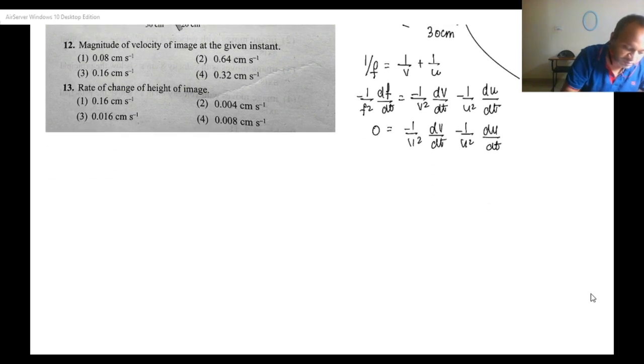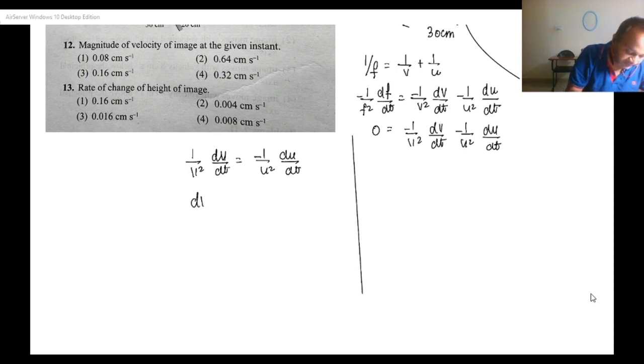So we can also write 1 by v square dv by dt is equal to minus 1 by u square du divided by dt, right? So we can write here dv by dt as minus of v square by u square du divided by dt, right?